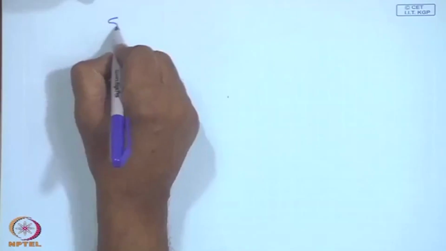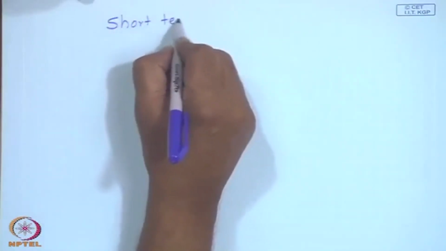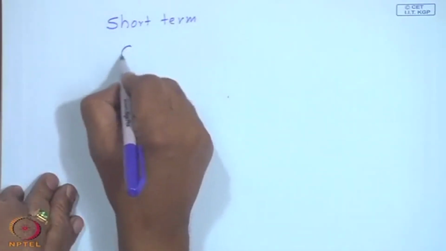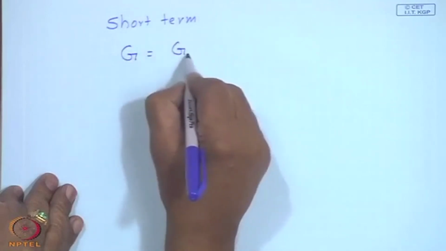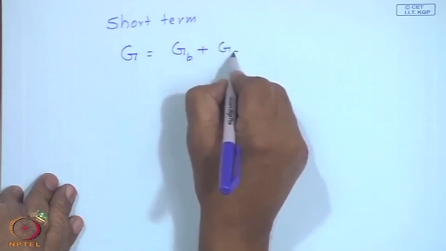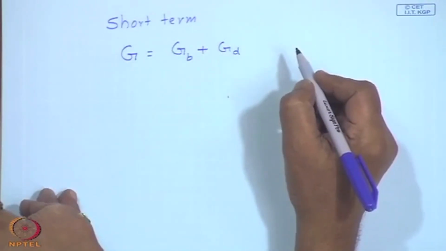So, first, since I called it shorter, I will talk about the intensity G, which will consist of G B direct part plus G D the diffuse part. Okay.